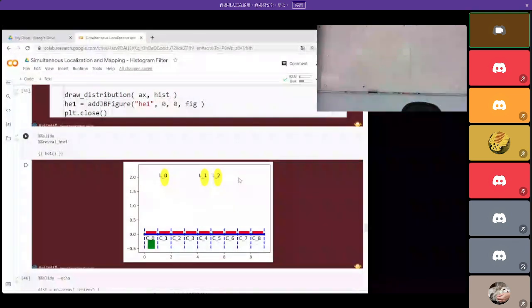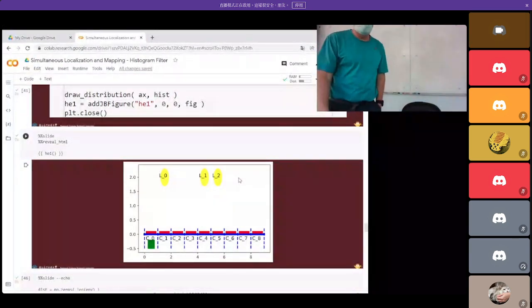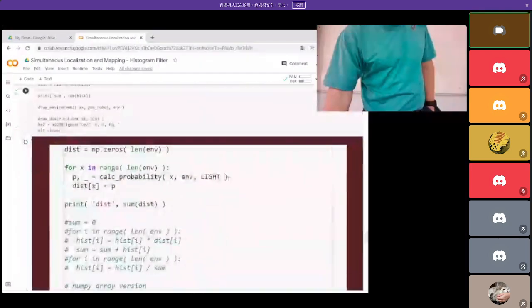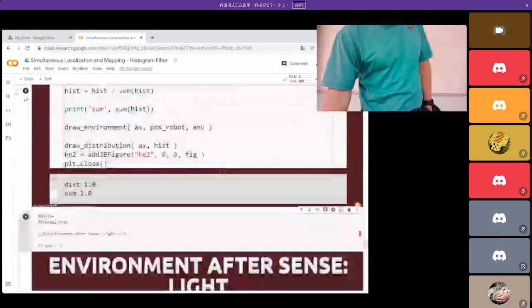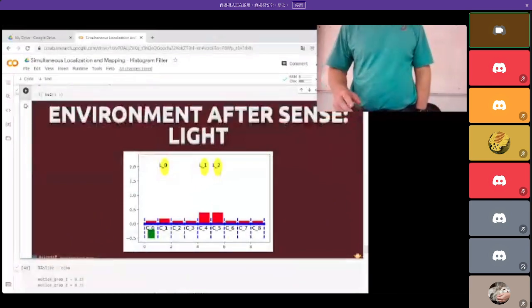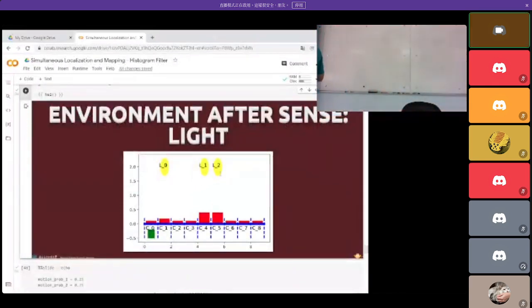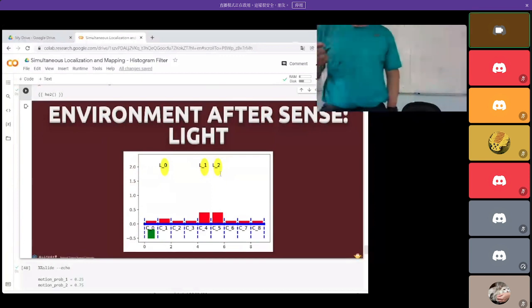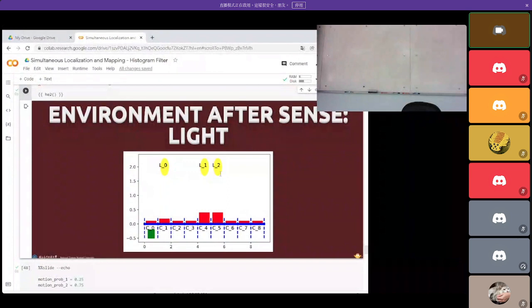After we checked the sensors, the robot said, oh, I detect light. So it detected light. Also, it knows the map of the environment. So it knows where the light sources are. So then it updates its belief in what positions it's at. Before, these were all the same. Now we have this distribution.